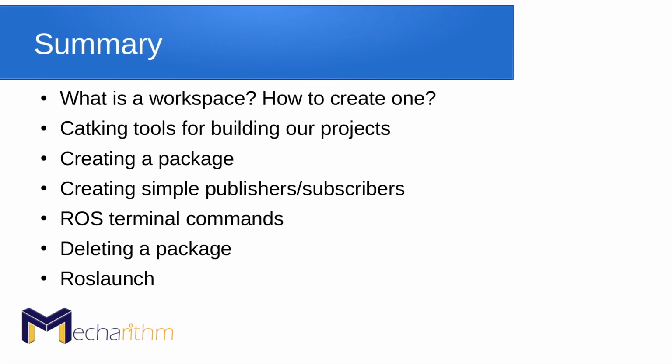We also learned how to delete a package and remove all its traces from the entire workspace. So we got pretty much involved in the process of creating a ROS project, and we now know the architecture of a ROS workspace.